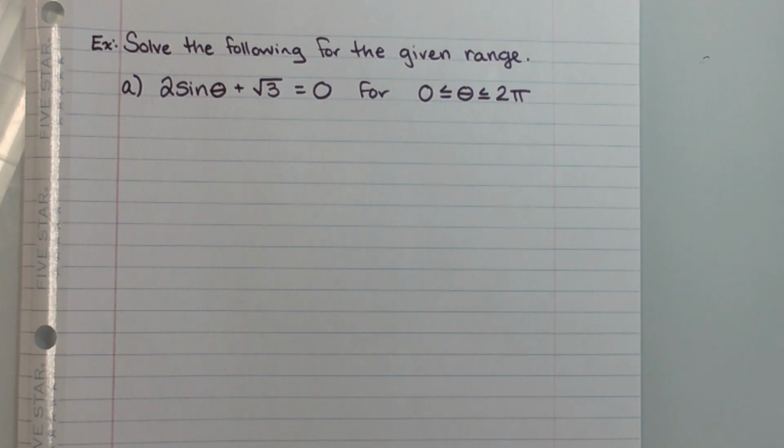2 sine of theta plus square root of 3 is equal to 0. Now, in all actuality, a problem like this one, I probably could have given it to you back in chapter 12 and you would have been just fine. Because if I want to use inverse trig to solve for theta, because that's my variable here, I have to start by getting the sine alone. Where should I start? Subtract square root of 3.